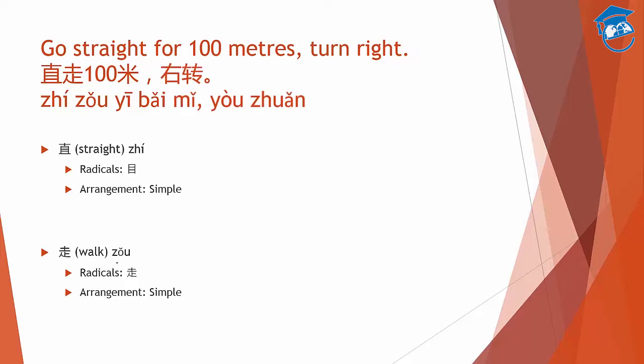Okay, the pinyin is this one. The radical is itself, so the arrangement is simple. Here's how to write 走. 1、2、3、4、5、6、7. 7 strokes for this word.